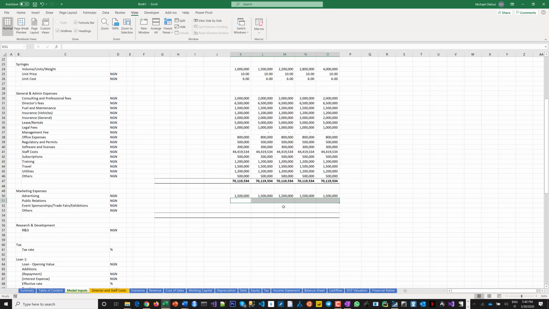So let's say they are not going to be big on that, so they're just going to earmark 200,000. Then trade fairs, exhibitions, say they're going to spend like 500,000. There's a popular trade fair in their industry that they want to participate in on a consistent basis, and that's the estimate of how much to have a booth or a slot. So let's say they don't have other plans that you can put under others here, so we're going to leave that as it is.